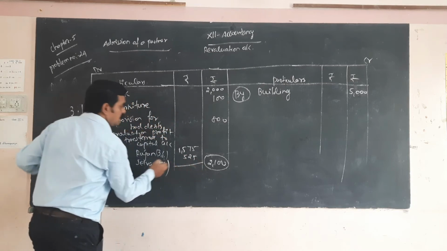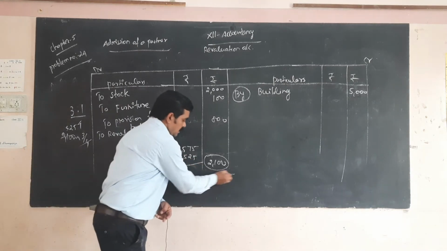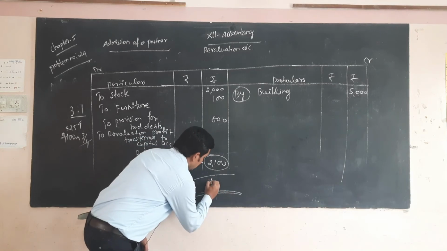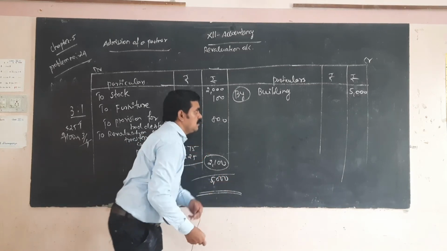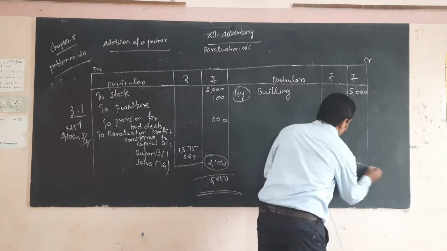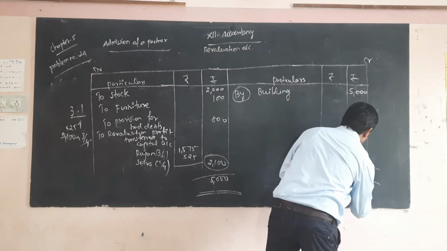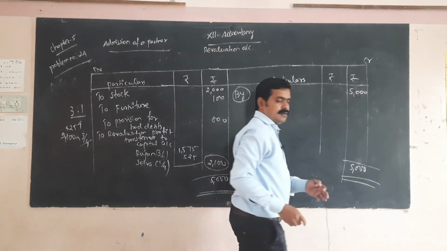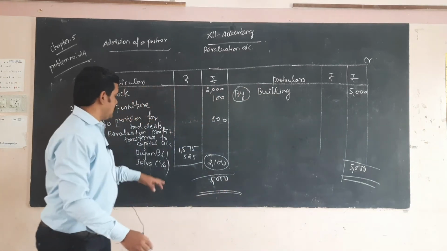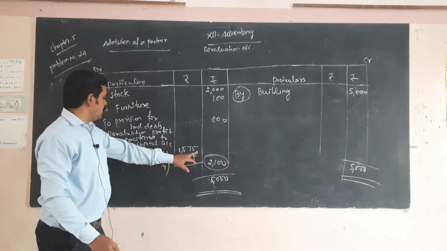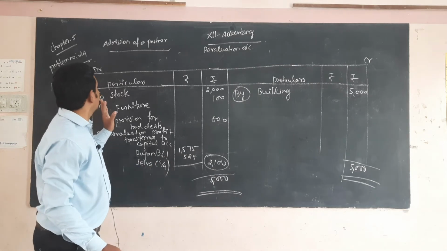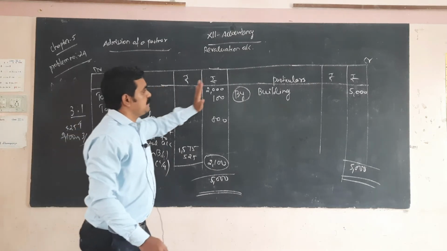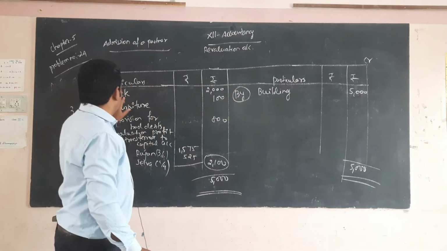What is the total value? 2,100. So this is the answer: 1,575 and 525. Particulars, rupees, particulars, rupees, you have to follow the format.